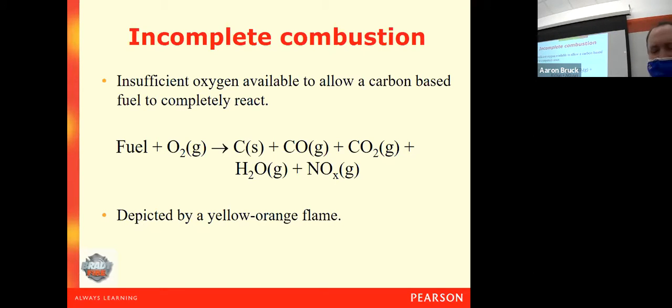The incomplete nature of this combustion indicates that we're going to get a yellow-orange flame as a result. That means it's less energetic. These fires also tend to burn less hotly. It's not to say that they aren't hot, but they're not nearly as hot as a blue flame.